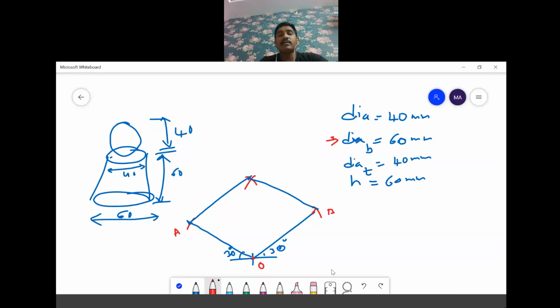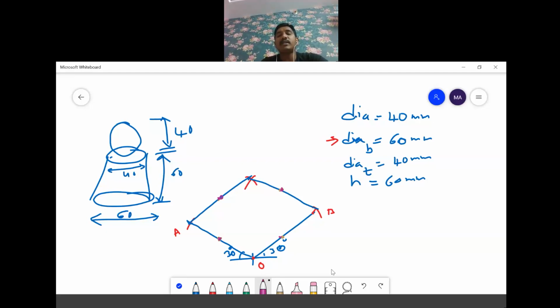After drawing this, I need to draw a circle in it. For drawing a circle, sir has explained the four center method, that is, you will mark four centers. I'm marking the centers here. The center will be at 30 mm from each point: from O 30 mm, from B 30 mm, from A 30 mm, and similarly from O 30 mm here.